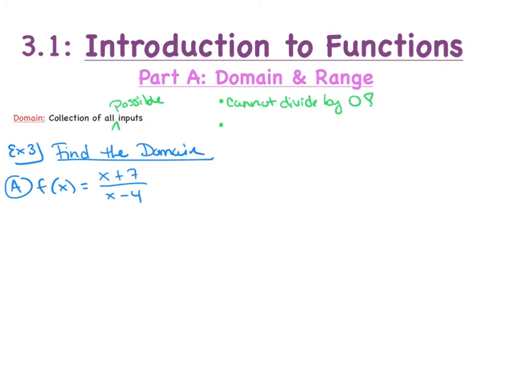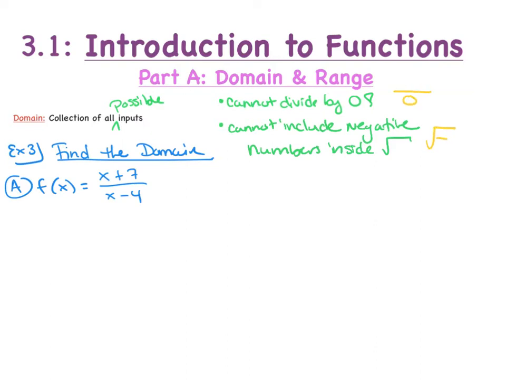And since we're dealing with real numbers, we cannot include negative numbers inside square root signs. So I'm going to write this in a math-English kind of combination. We can't divide by 0, and we can't have negatives inside square root signs. Those are the two things that we need to throw out as impossible x values.